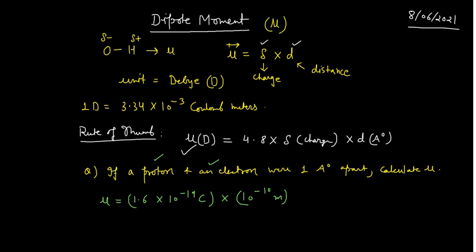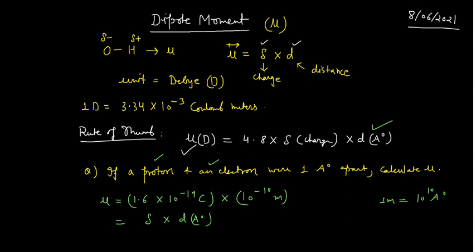So ultimately the formula is delta multiplied by the distance, and it is given in angstrom here. And 1 meter equals 10 raised to the power 10 angstrom.